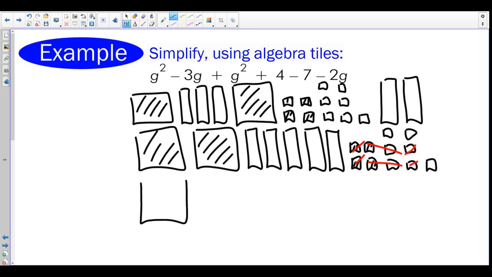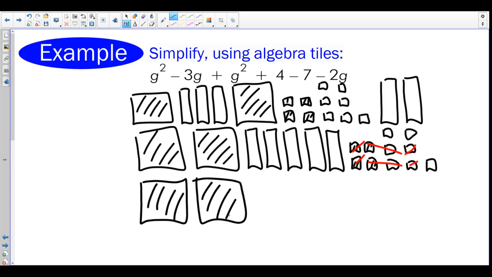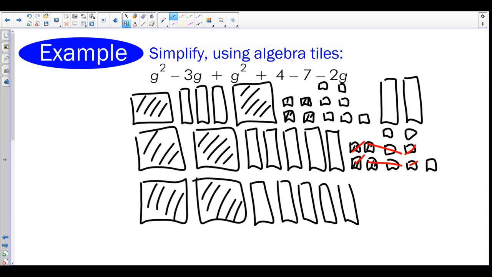So we'll finish up by showing that we have 2 shaded big squares, and we have 5 unshaded rectangles, along with 3 unshaded little squares. The variable in this question is g, so it's going to be 2g squared minus 5g take away 3, and that's what we need to do.